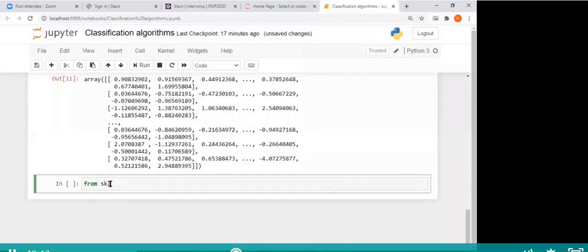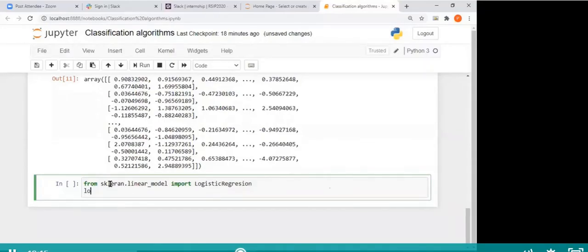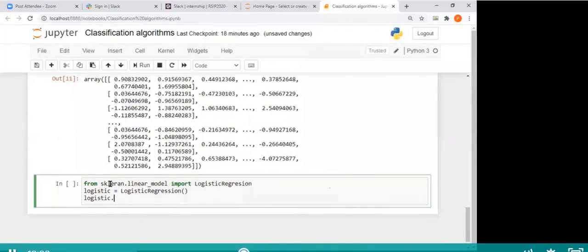From sklearn.linear_model import LogisticRegression. logistic is equal to LogisticRegression, then logistic.fit of X_train, Y_train.